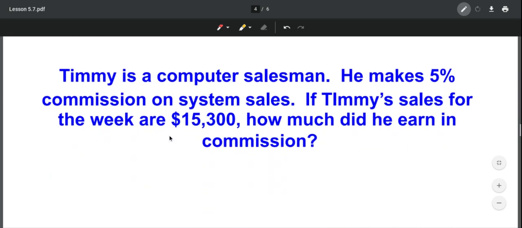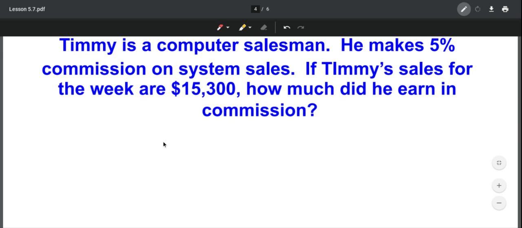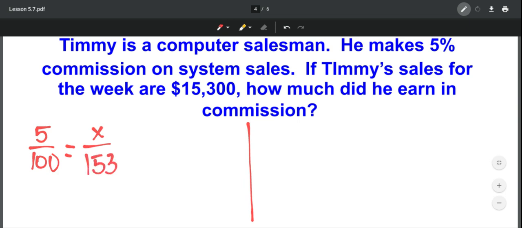When we look at our next example, Timmy is a computer salesman. He makes 5% commission on system sales. If Timmy's sales for the week are $15,300, how much did he earn in commission? Using proportions, I would put 5 over 100 is equal to x over 15,300.